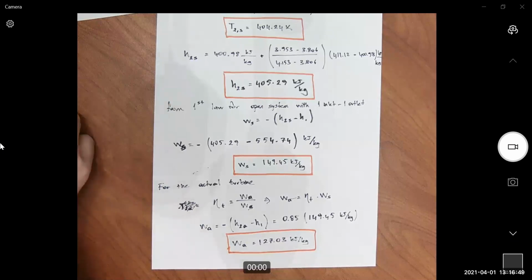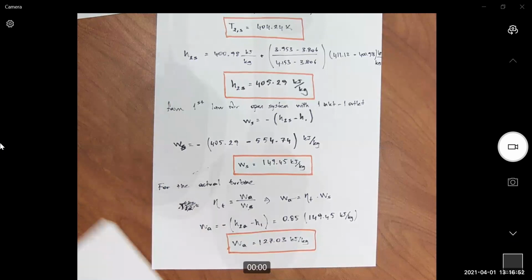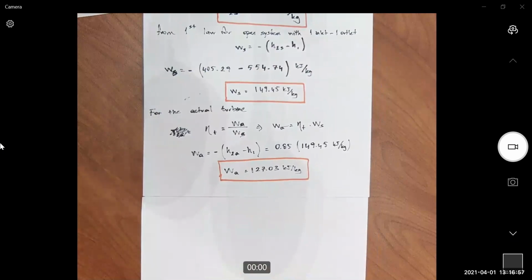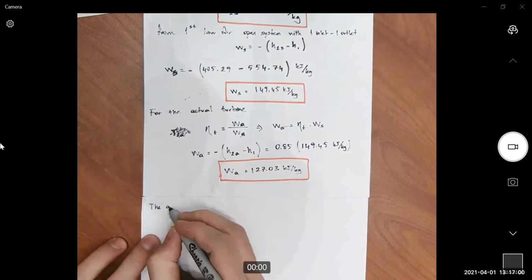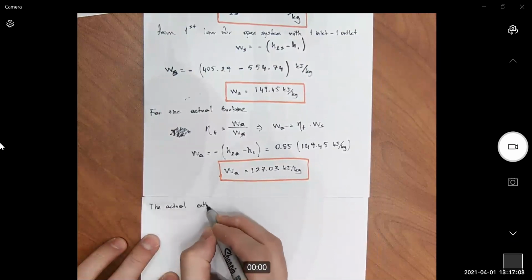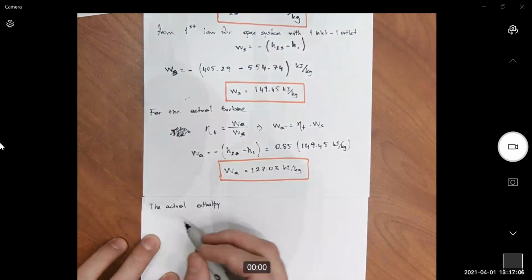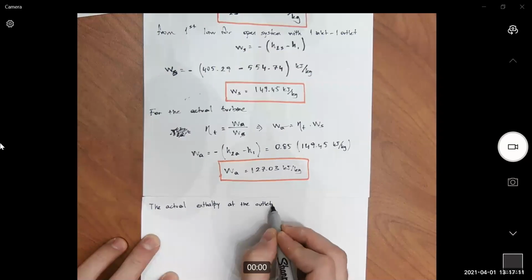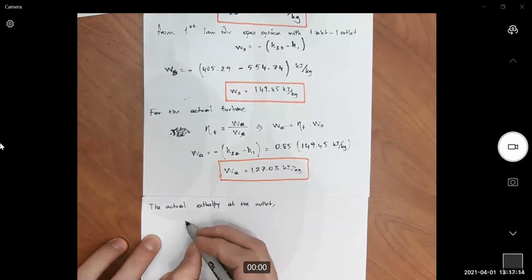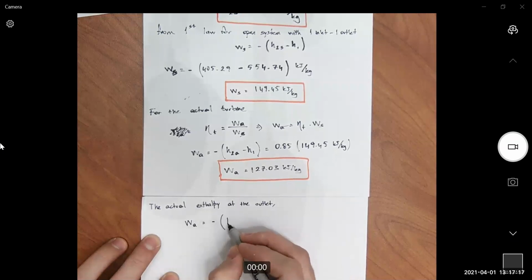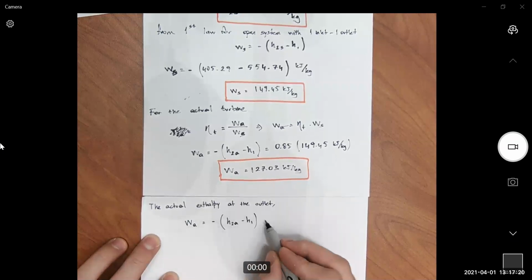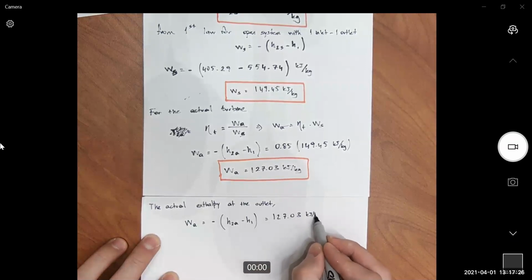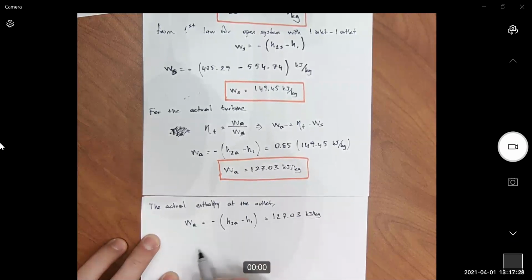Okay. So I know my H1 from state 1. Now I can find my actual enthalpy at the outlet. The work actual is minus (H2A minus H1), which equals 127.43 kilojoules per kilogram, right?